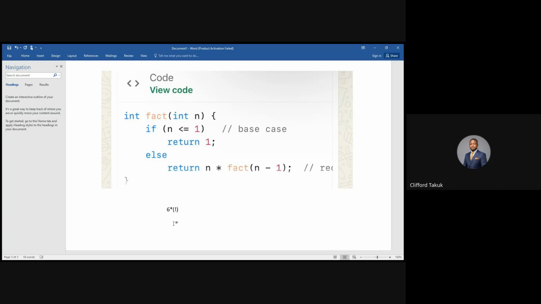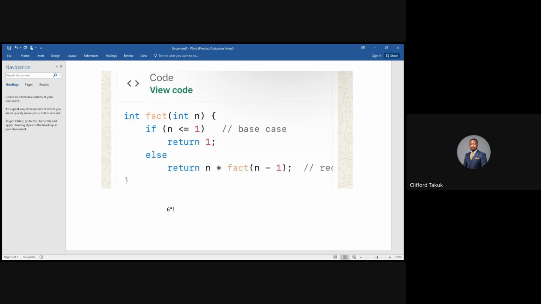If you want to put it that way, you end up having a very long expression. But since this is recursive code, take note of that. Whatever value we get, we compare to the if statement: is the value less than or equal to 1? If no, it goes back and continues again.